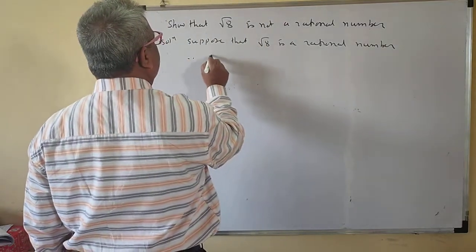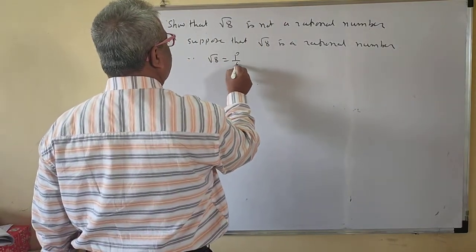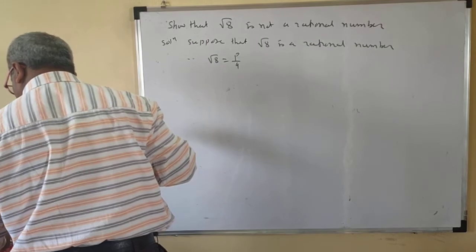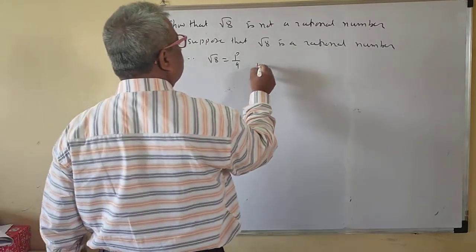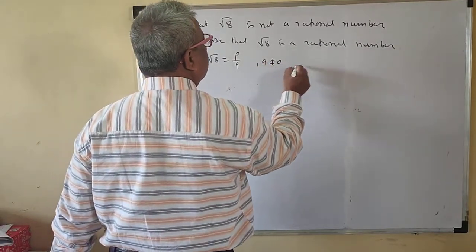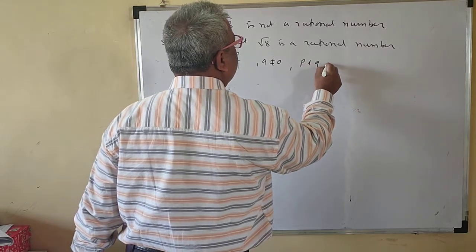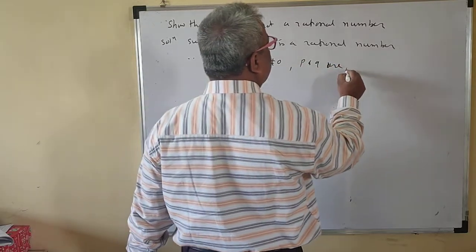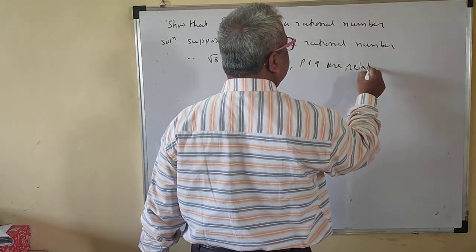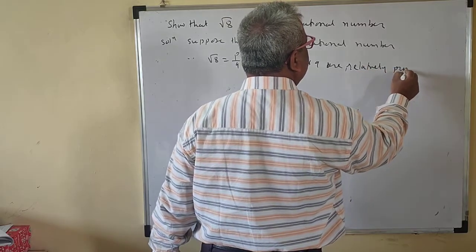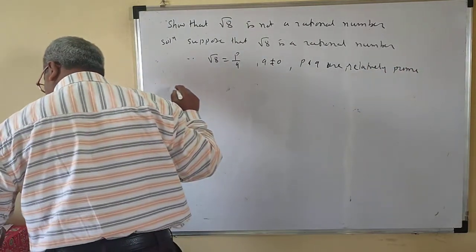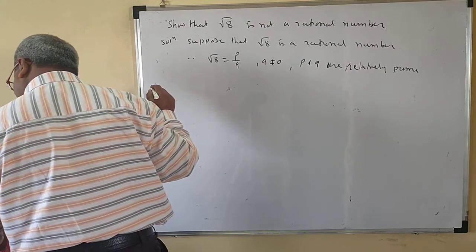So therefore root 8 is equal to P upon Q, Q not equal to 0, and P and Q are relatively prime.